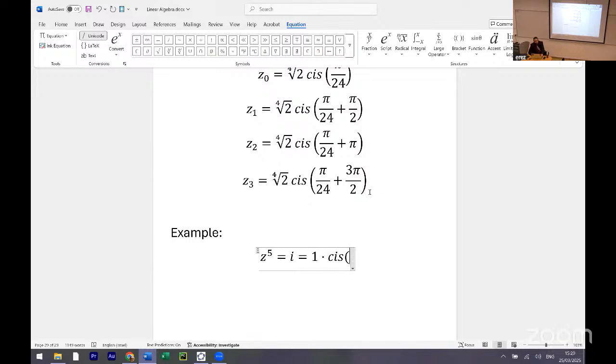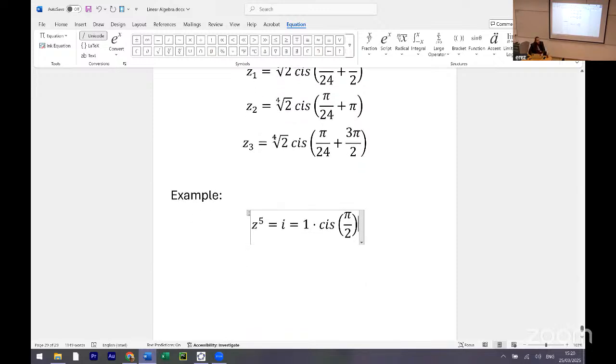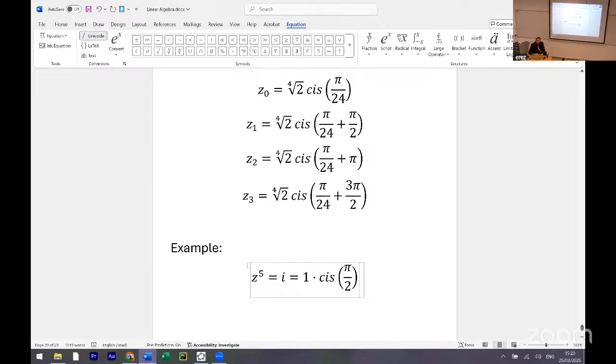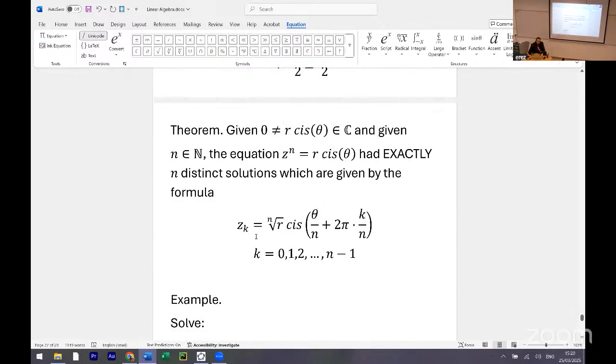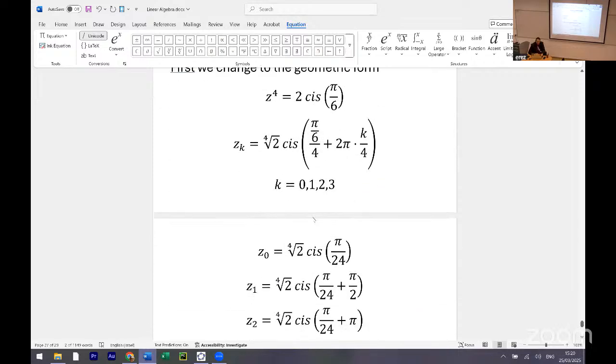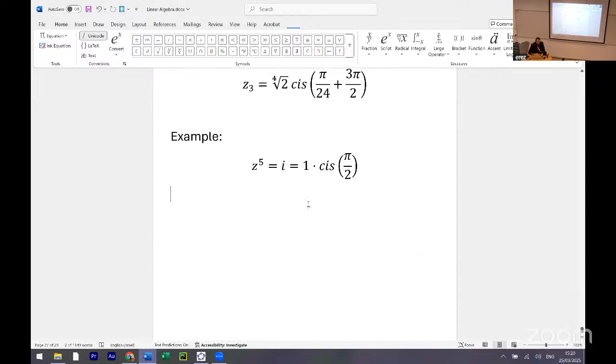Half of pi, right? i is on the y-axis, and on the positive side, the angle is a straight angle, pi over 2. Now we simply substitute into the formula. And now, whoever didn't answer before, try to see that you know what every element of the formula means.